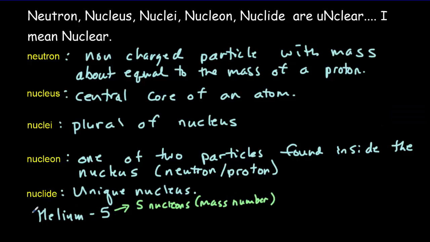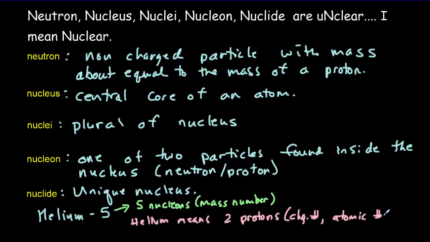And then the fact that it's helium means that you have 2 protons. All heliums have 2 protons. And we'd speak of that number, 2 protons, as being the charge number or the atomic number. So as soon as we specify the mass number and the atomic number, then we've specified a nuclide.